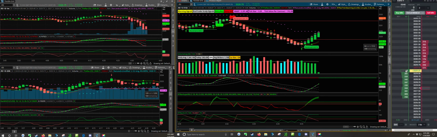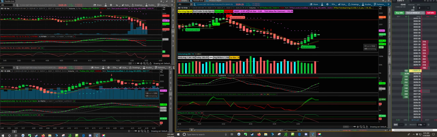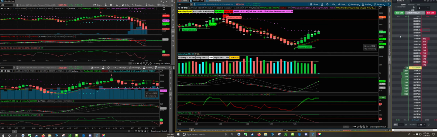Let's see if we bust over this support at the magenta. Take your profit on that 29.